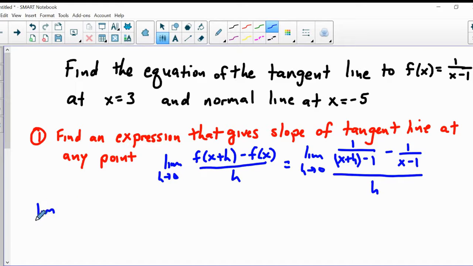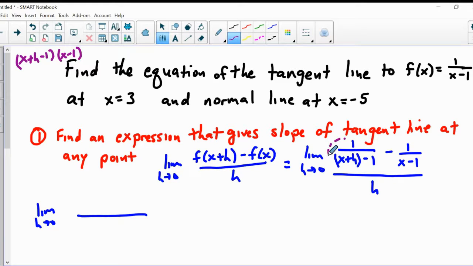So the limit as h approaches 0, what I'm going to do is get a common denominator. The common denominator is x plus h minus 1 times x minus 1. I'm going to get a common denominator for all three terms basically in this.